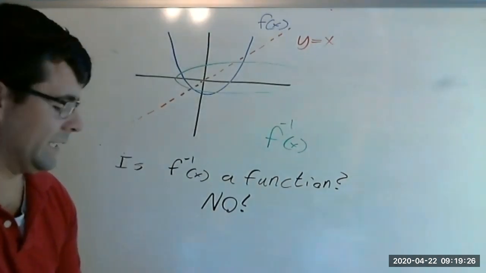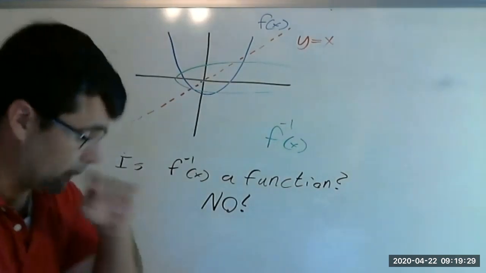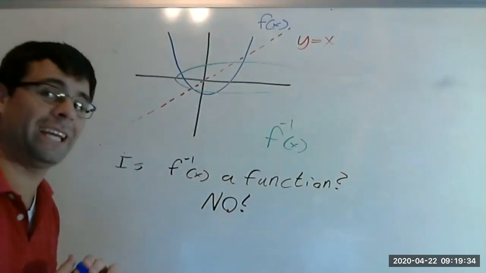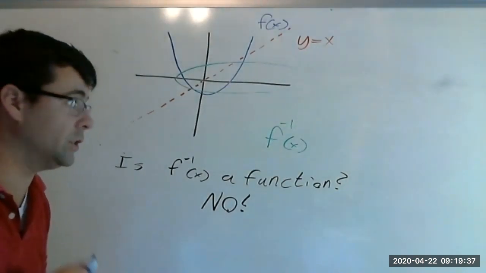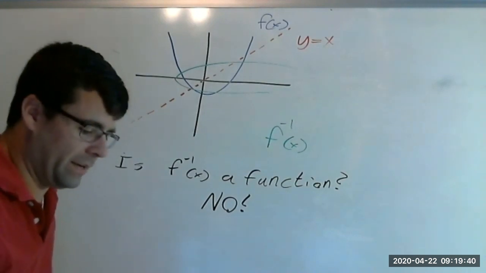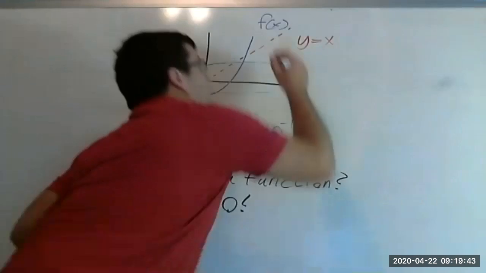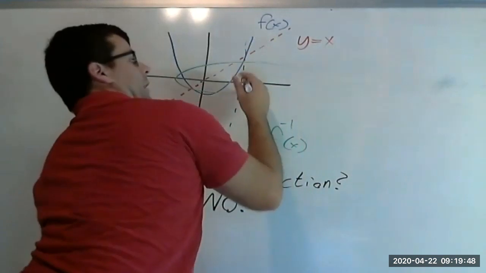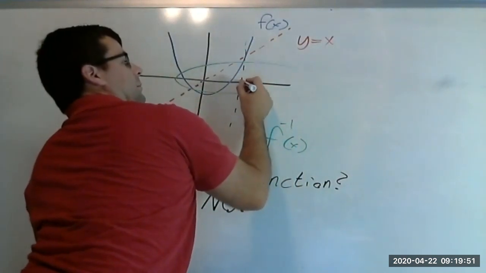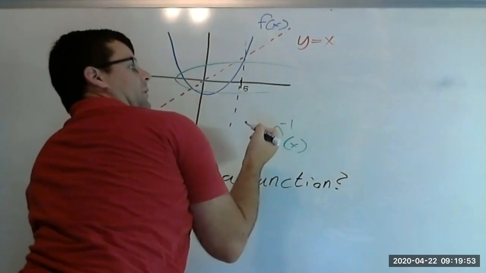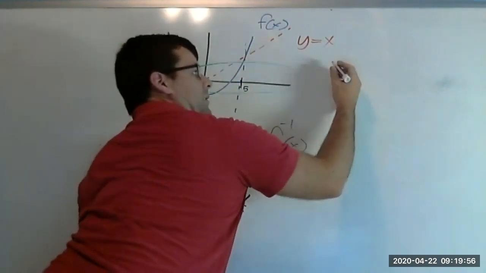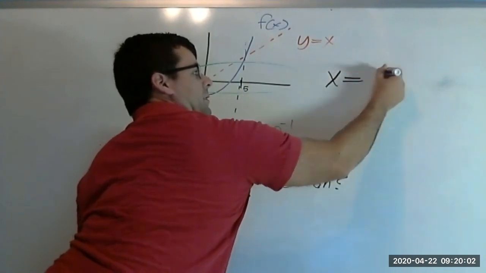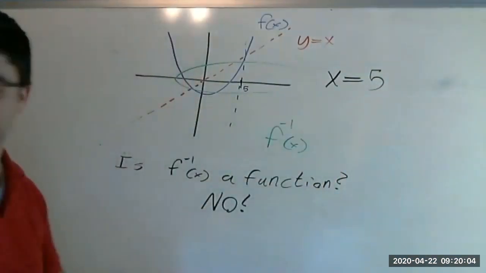So let me ask a slightly different way. The vertical line test, every vertical line has an equation to it. Let's say we have a vertical line, I don't know, right here, and it crosses at 5. Then that dotted line has the equation x equals 5.